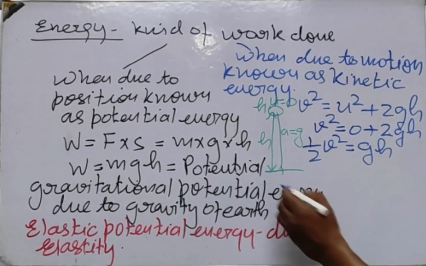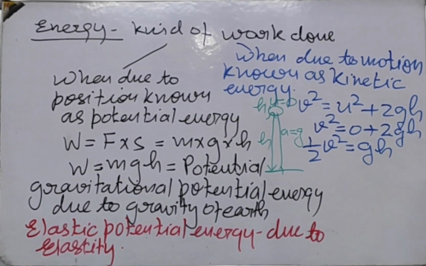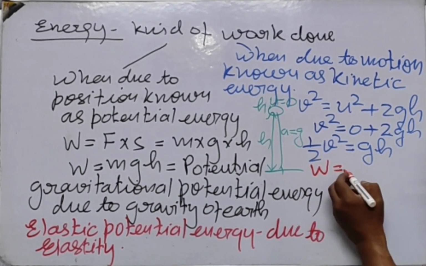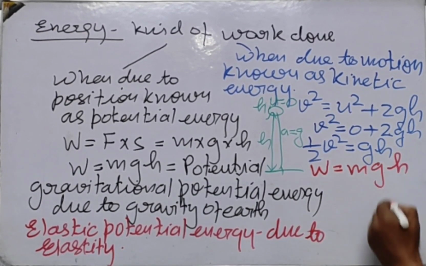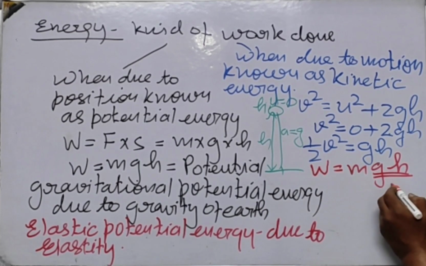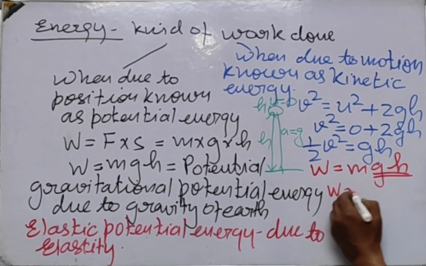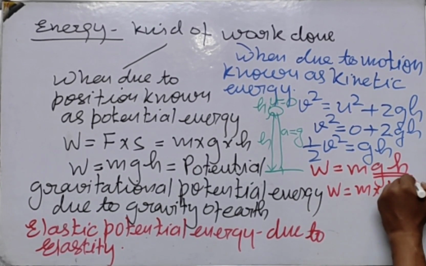As you wrote there, W is equal to mgh. Here substitute in place of gh, so W is equal to m into half v square.